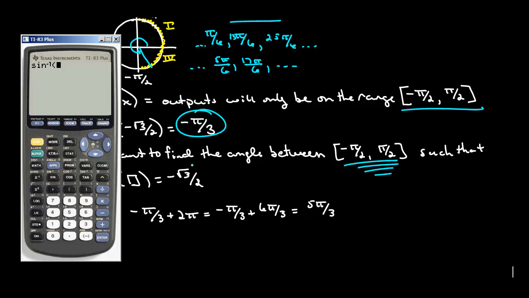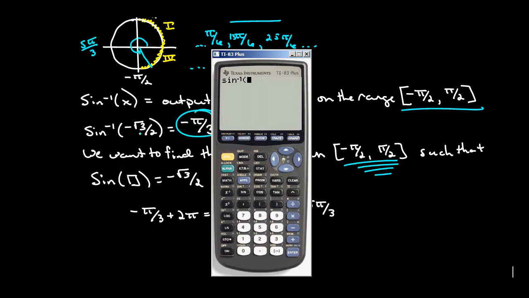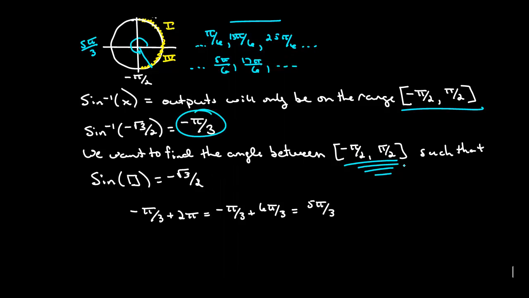Now if I plug in the arc sine of negative square root of 3 over 2, it gives us this value. That value doesn't look familiar, but if I take negative pi and divide it by 3, it's the same thing. So the calculator will only output values on this interval. And that's how we find them.